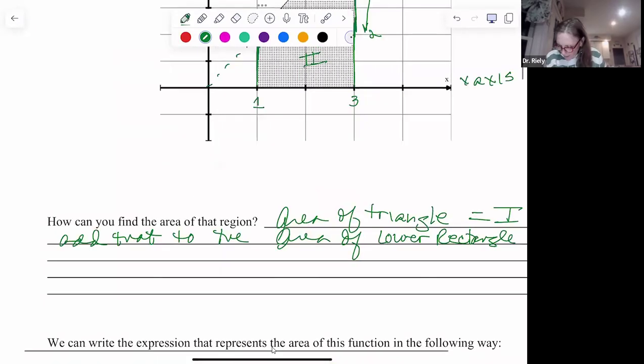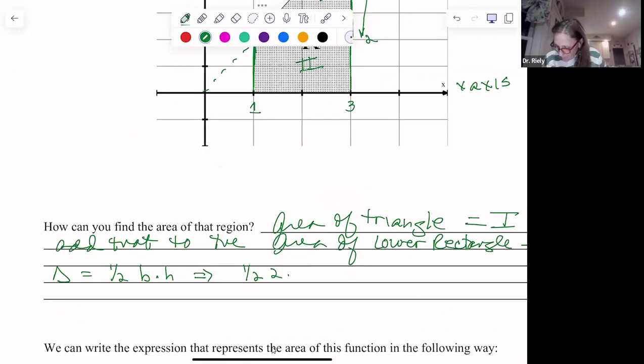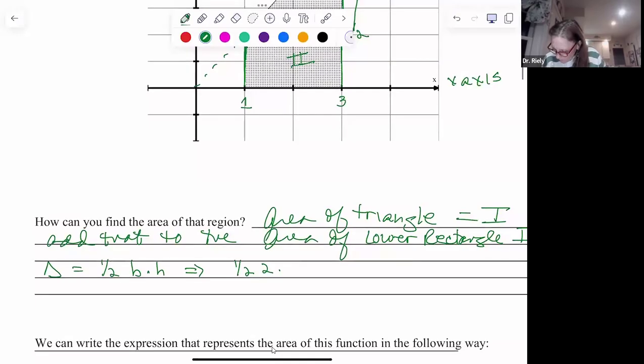So when you do a triangle, the formula is 1/2 base times height. So that's going to be 1/2. The base I said is 2. And the height we said is 4. These twos cancel. So that should be an area of 4 square units for the triangle.